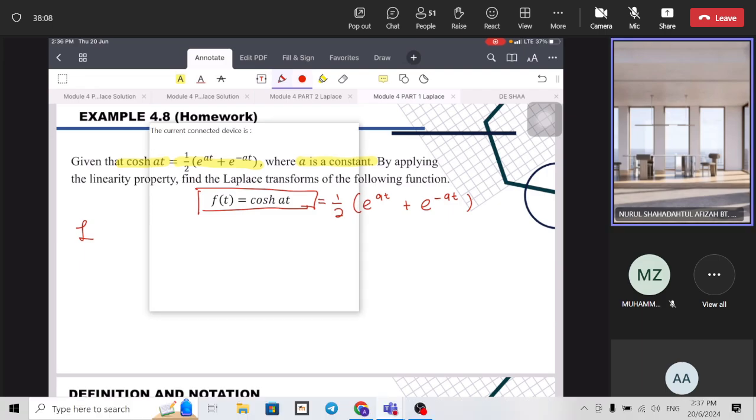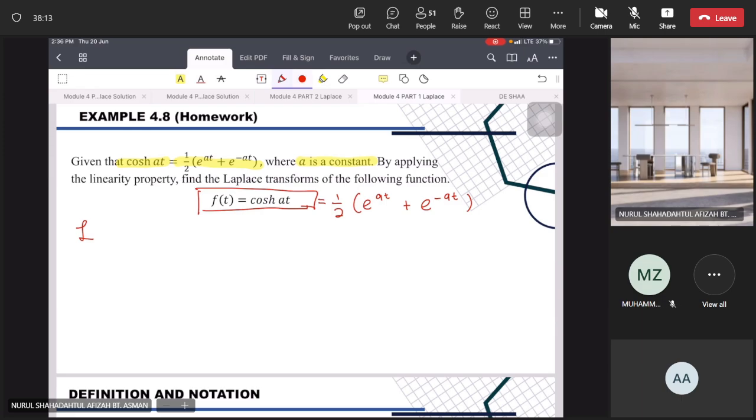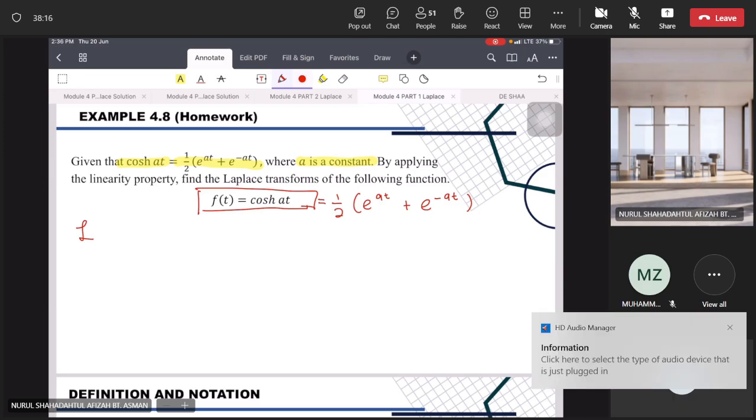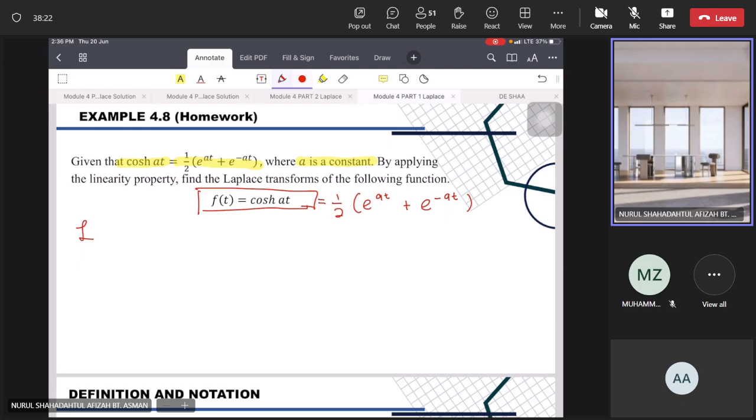So this is just a proof because you can directly get the answer from the table. Because from the table, your final answer, you should get s over s square minus a square. So this is the solution or steps on how we get this one. Because from this table, you can see.